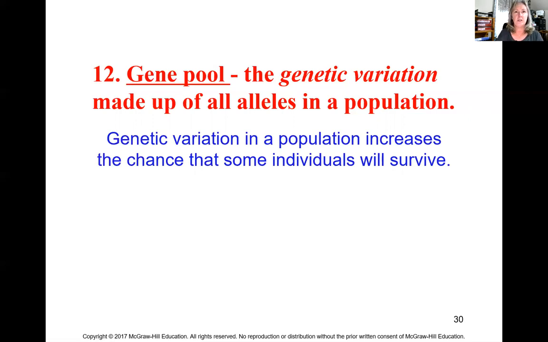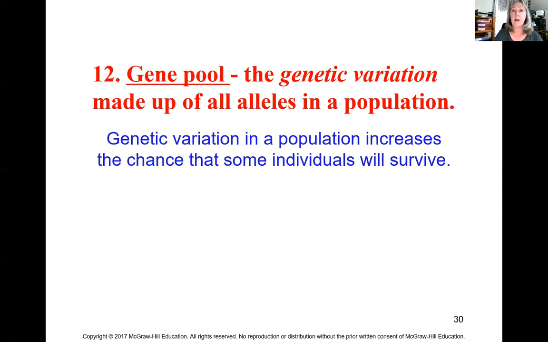If we look at those traits within that population, why don't they have blue eyes or blonde hair? It's because they don't have those alleles or traits present to then be expressed in the offspring. So before you can see a trait in an offspring, those genes have to be present.